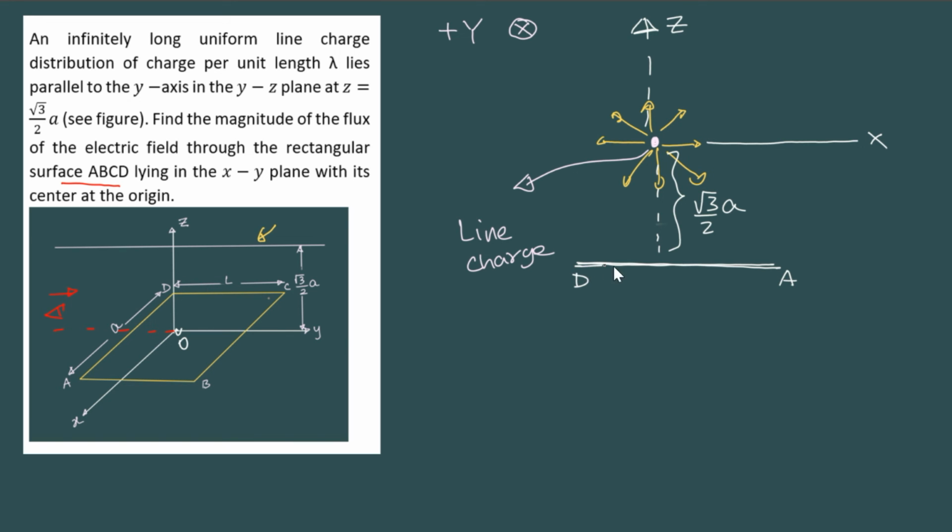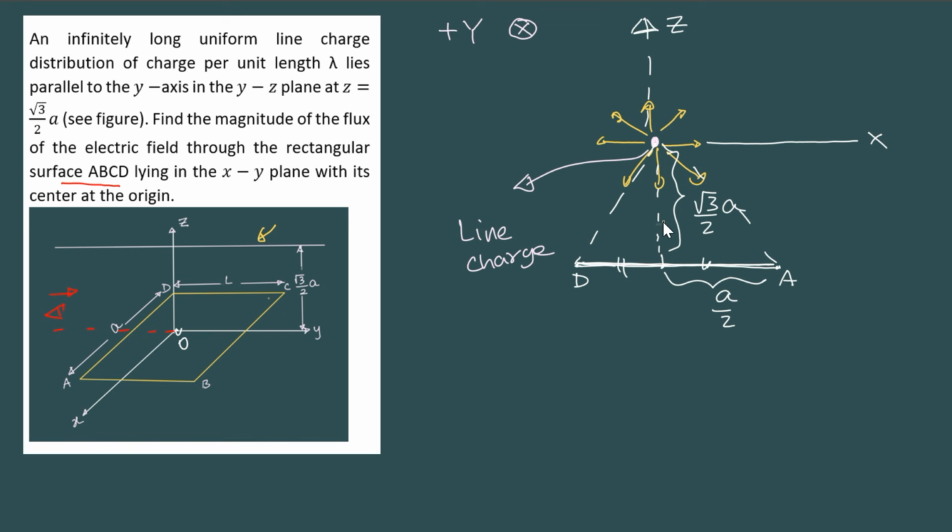Now, what we can do is join the corners D and A with the wire in this plane. This is exactly at the midpoint, so this will be a by 2.